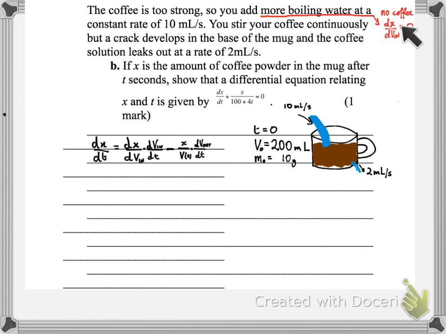So no coffee means there's zero concentration added into the coffee mug. That makes this term here, that one there, become a 0 term.